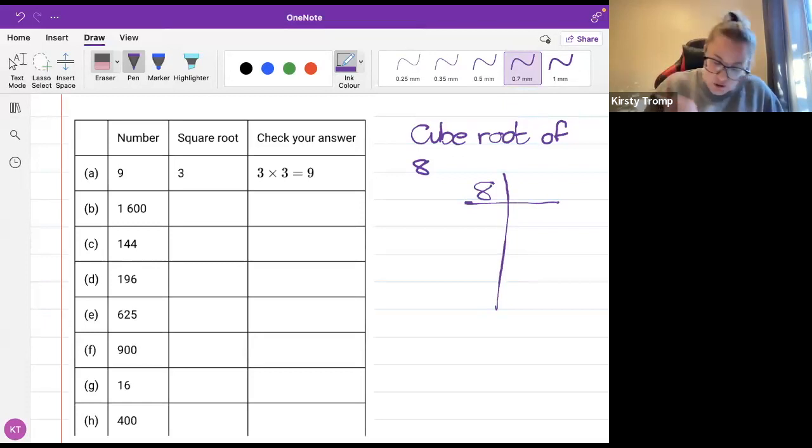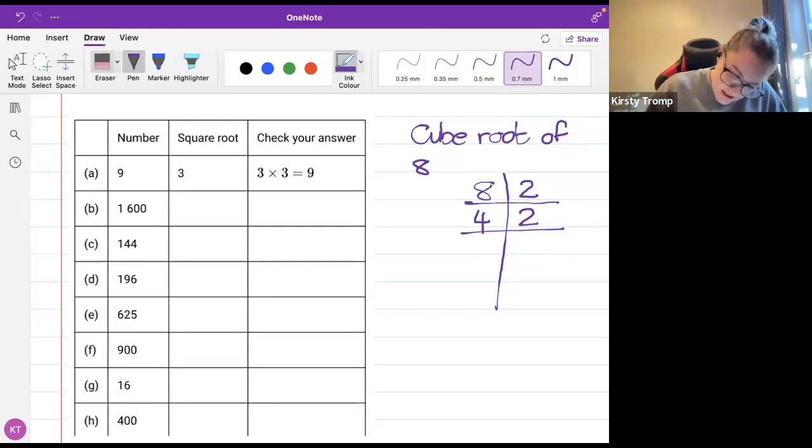2. 2, good. What's 8 divided by 2? That will give me 4. 4, hey? Okay. Can 2 go into 4 again? Yes. Yeah, so I put it there again. How many times does 2 go into 4? Twice. Good.